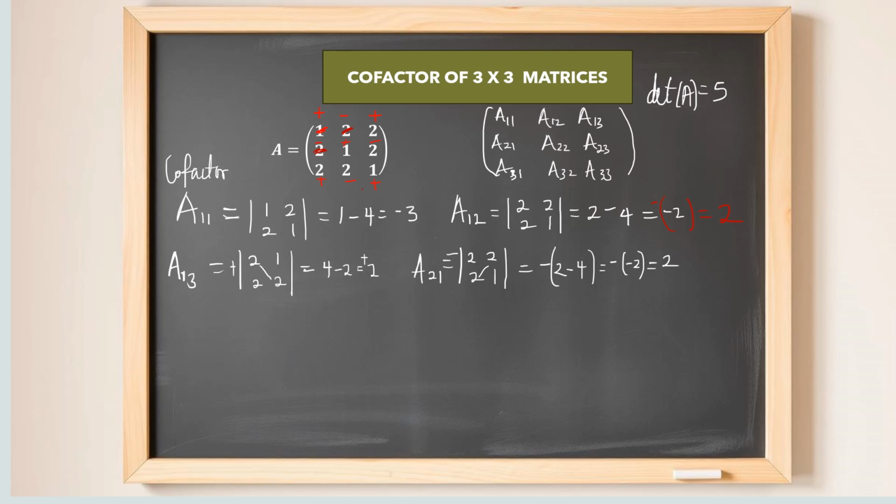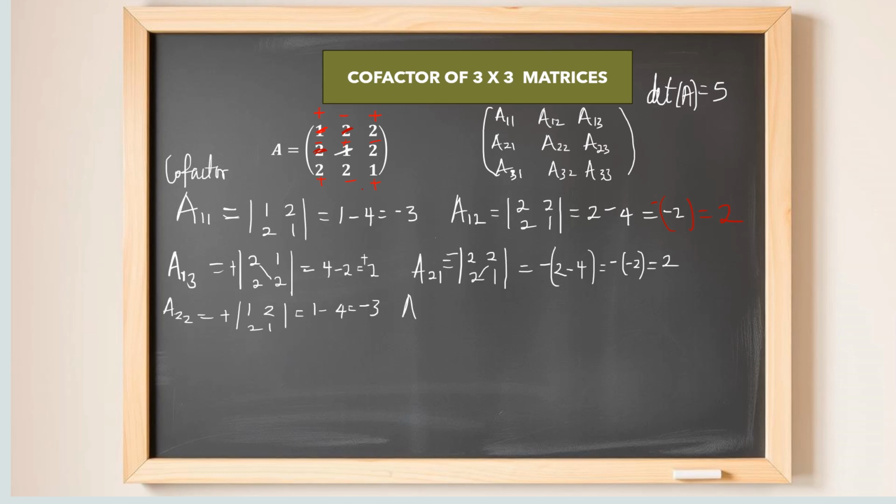And the next one we have A22. Using the same approach for A22, we have positive outside. If you cross out the row and the column, we have 1, 2, 2, 1, which is 1 minus 4, which is negative 3.